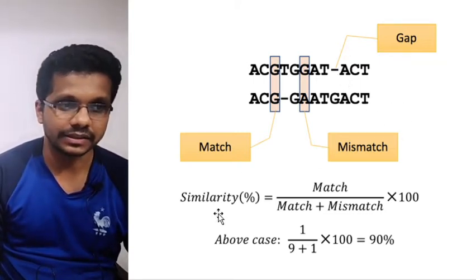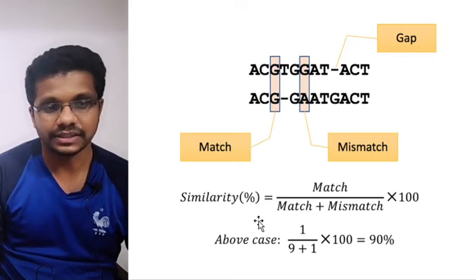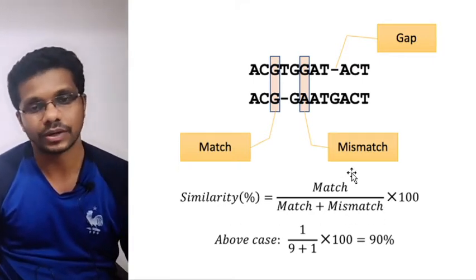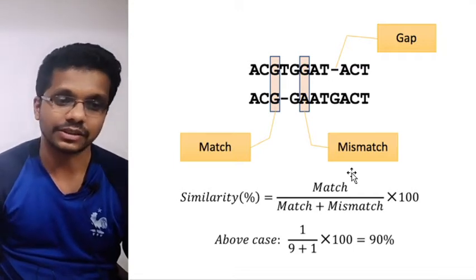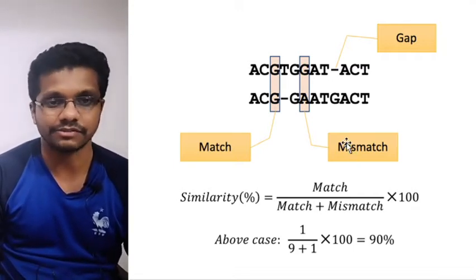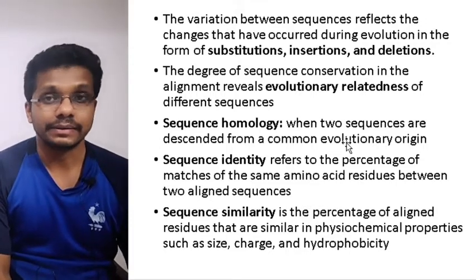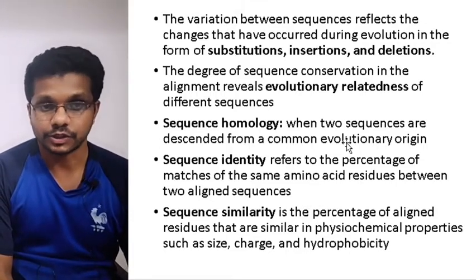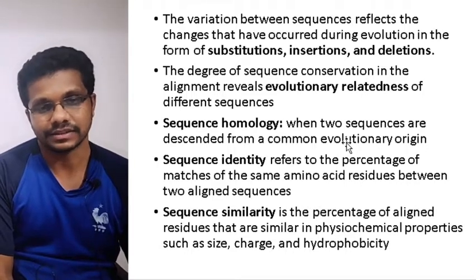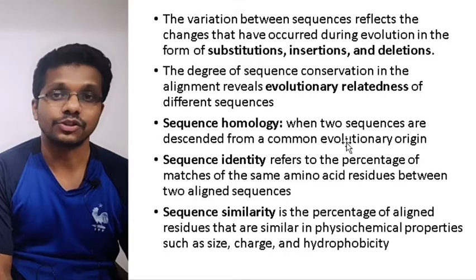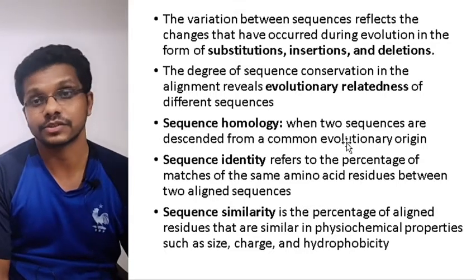Here, the similarity score is calculated by using this equation, but depending on the type of program we are using, this calculation and the scoring pattern may be different. So the variation between two sequences is due to substitution, insertion, and deletions, and the similarity between two sequences is a measure of evolutionary relatedness of two different sequences.